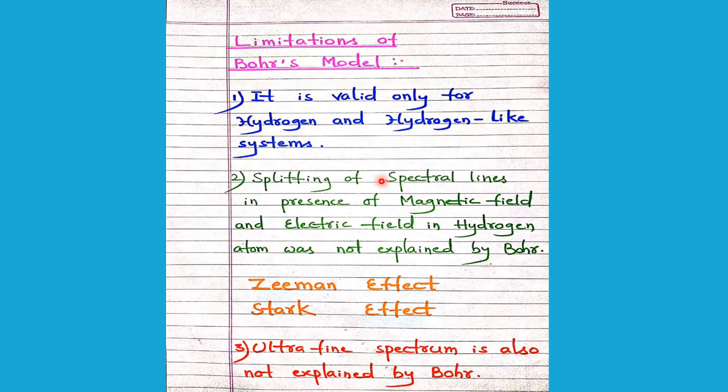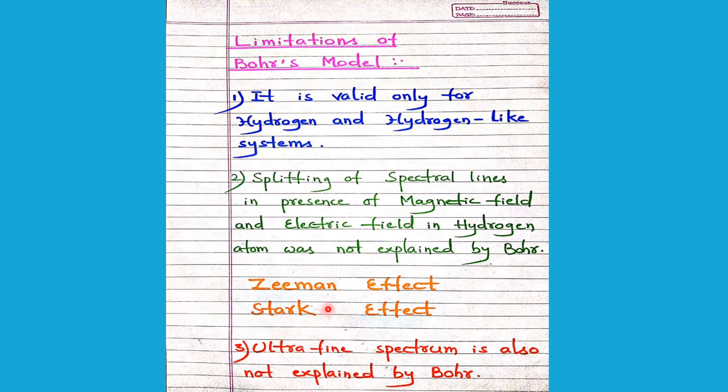See the word splitting of spectral lines. The same single line was splitting, but Bohr was not in a position to explain it properly. It was explained properly by Zeeman, a Dutch scientist. You learn in the higher classes the effect of a magnetic field on the atom. At the same time, the effect of an electric field on the atom was explained by the German scientist Stark.